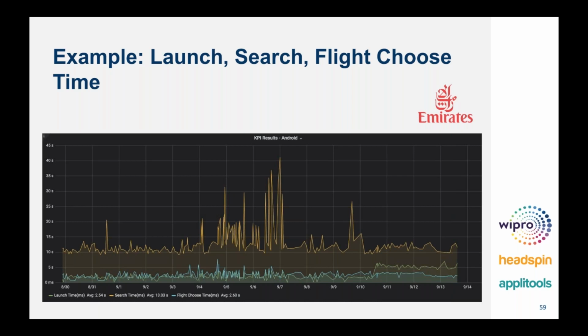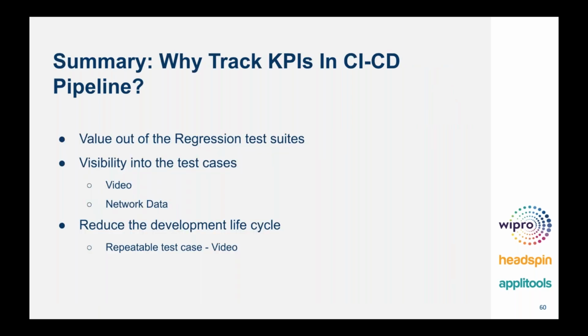So if you see these KPIs change over a period of time, when you're running your regression test phase, you can set alerts for when these KPIs go above certain thresholds, and look at those exact specific tests to see why the user experience is getting degraded in this particular release or build. So that is why you want to track KPIs.